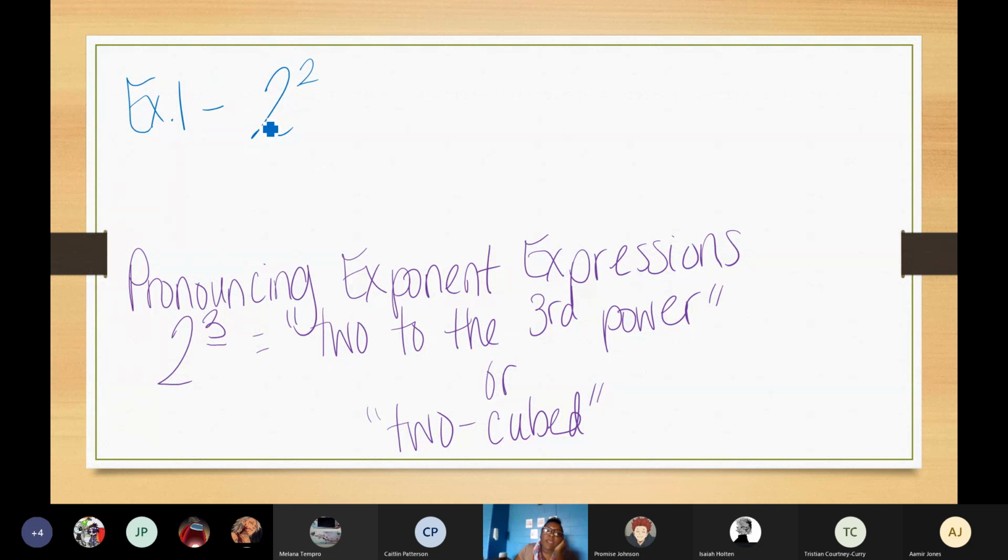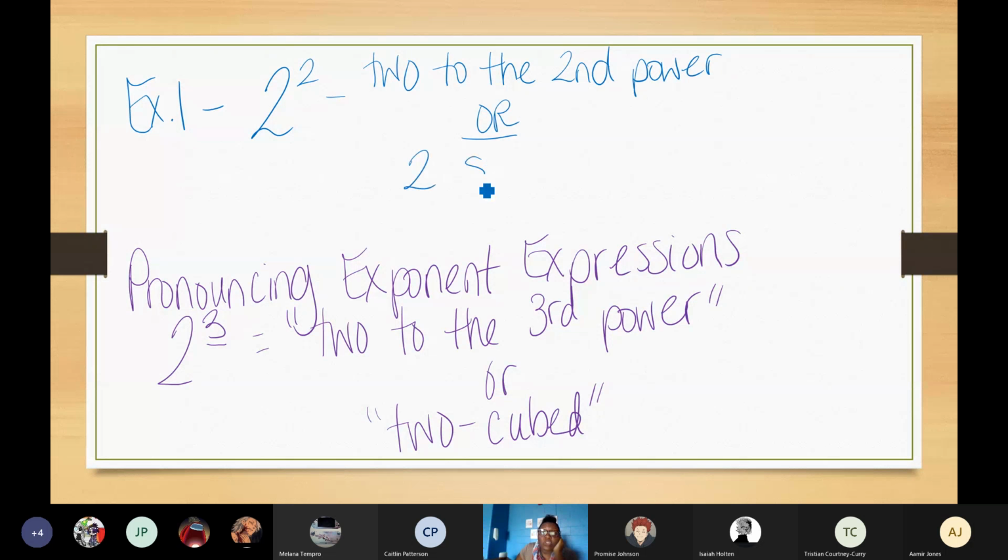Well, we want to remember that 2 to the second power is how we say that, or 2 squared. Anytime we have a 2 as our exponent, that means squared.